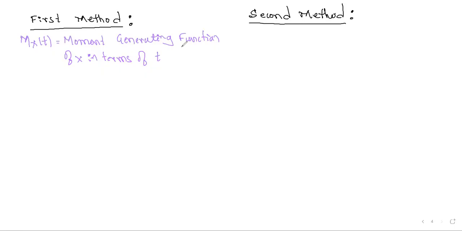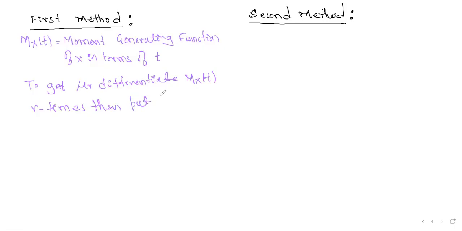Then to get mu r, you have to differentiate the moment generating function Mx of t r times, then put t equal to 0.